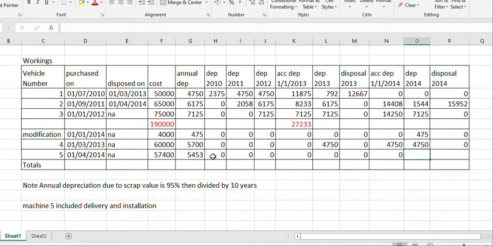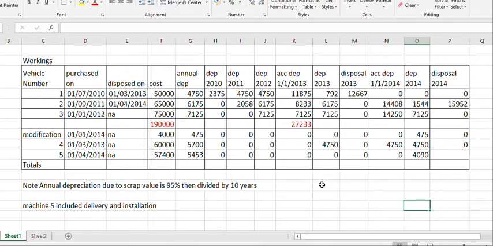We bought the machine on the 1st of April. So, January, February, March doesn't count, so we would have 9 months worth of depreciation. So it would be the 5453 yearly depreciation divided by 12 multiplied by 9, which gives us 4090 to the nearest whole number.